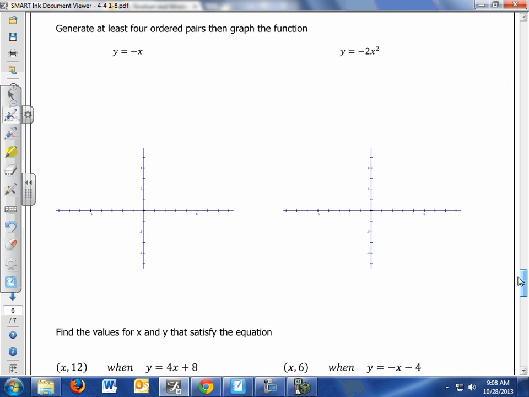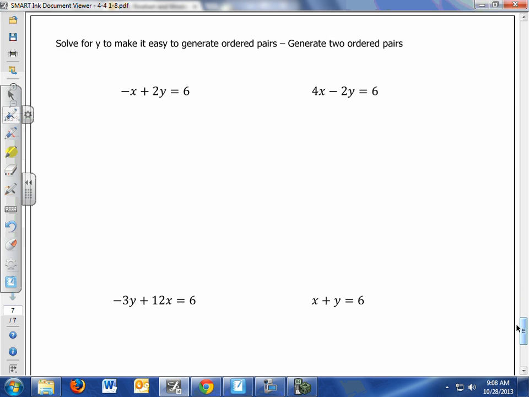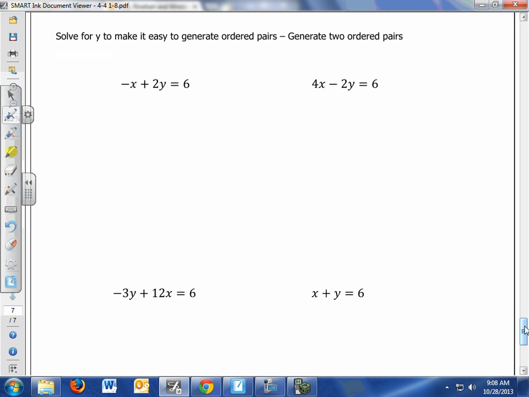So let's go to the last page, and let's first practice this. Let's solve these equations for y just so that we can generate solutions easier than if it was just like this. Okay? So we already did the first one. I'd add my x to both sides. Another thing I'm going to want you to do is put the x first and the number next to it, which is why it's important to make sure we're adding the opposite, because this is not going to work if we're doing subtraction.